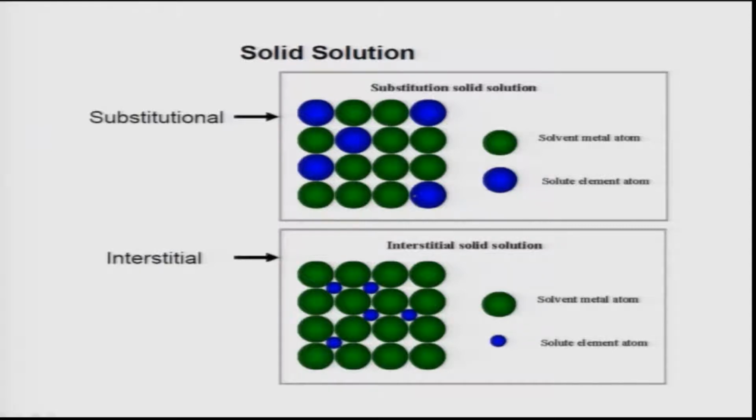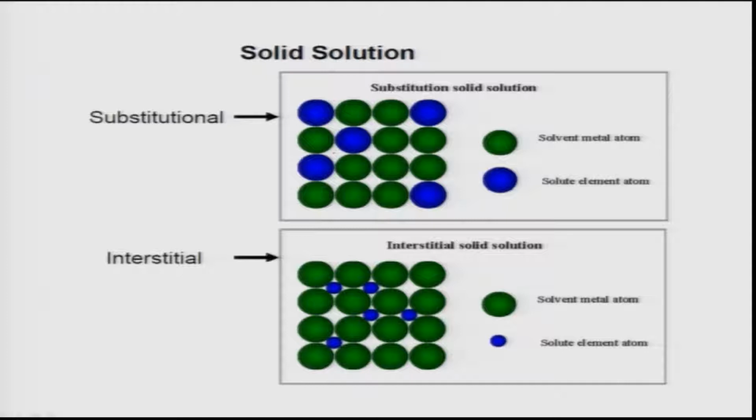Initially all the sites are occupied by green atoms, and later some blue atoms have replaced the green atoms. Here you see there are 5 blue atoms in the 2-dimensional lattice, and the remaining are green atoms. This direct replacement of atoms is known as substitutional solid solution. That means we are substituting the atoms of one type by the other.